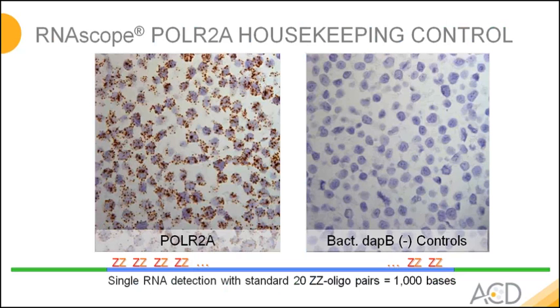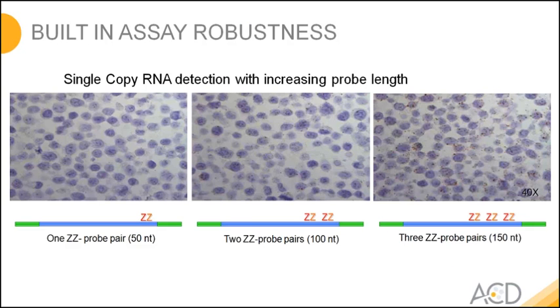Now, we of course asked ourselves, how much signal do you actually need to load to any given target so that it is visible as a dot? So we created probes of different size. On the left-hand side in this next image, there is a probe that consists of only a single pair and can only load a single Christmas tree, and you cannot see any signal here.